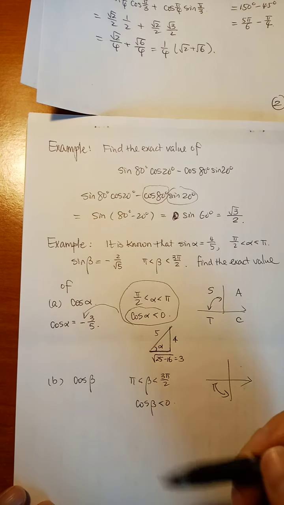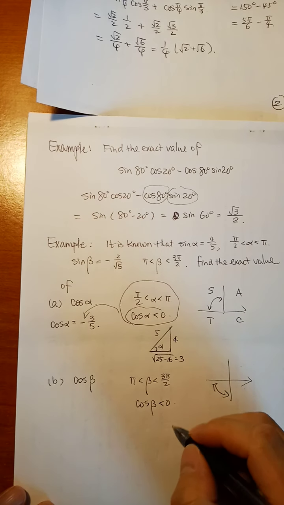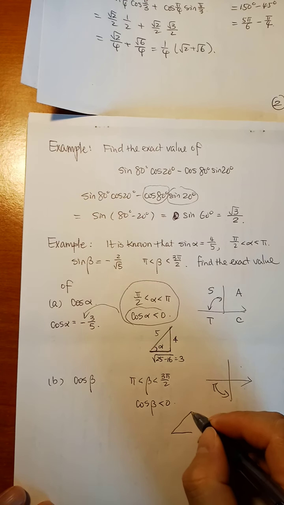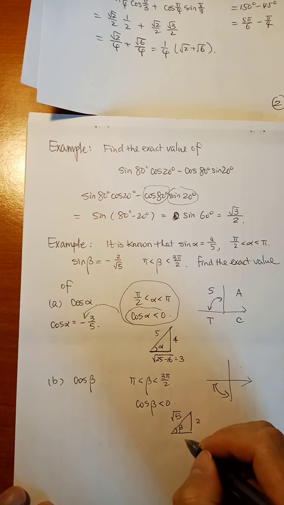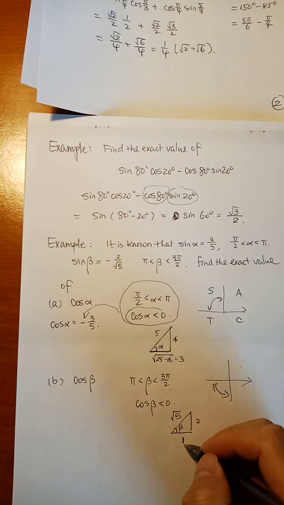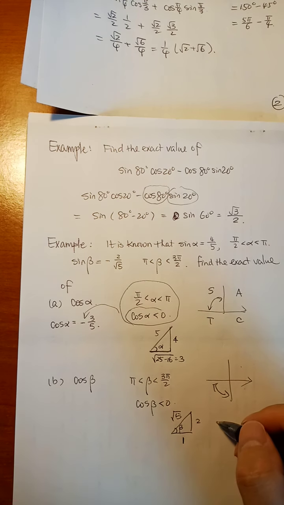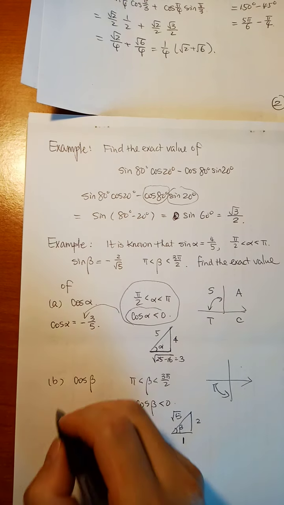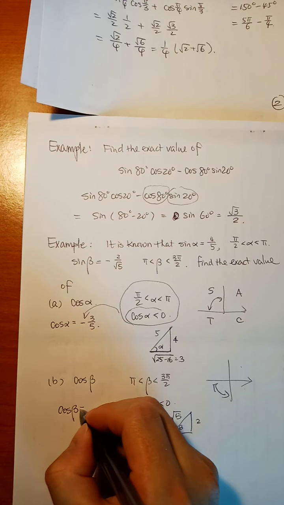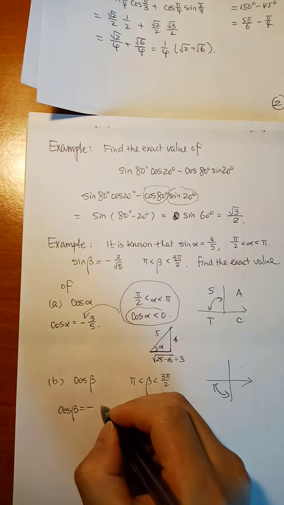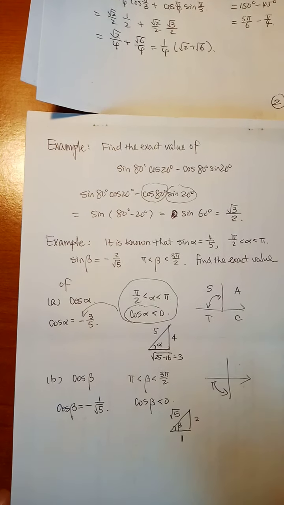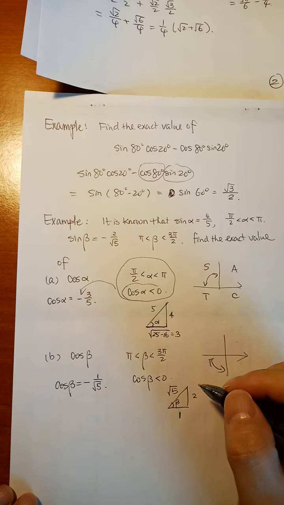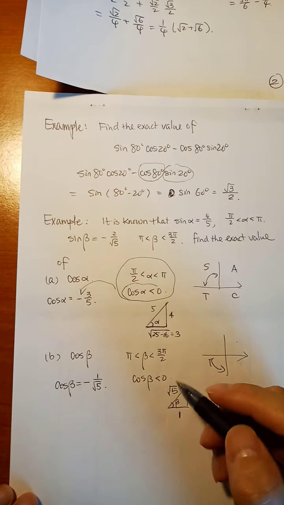Sine is 2 over square root of 5. This is 2, this is square root of 5. Then by the Pythagorean theorem, we can show that the third side is 1. Then cosine beta is negative 1 over root 5. Right? Good. We have cosine alpha, cosine beta.